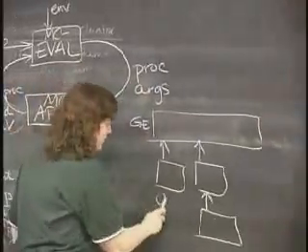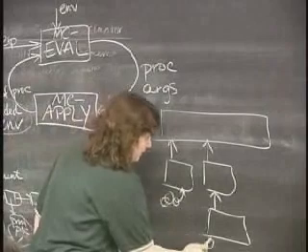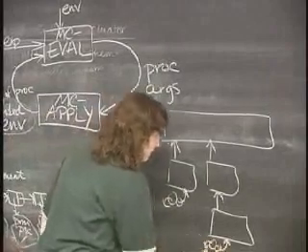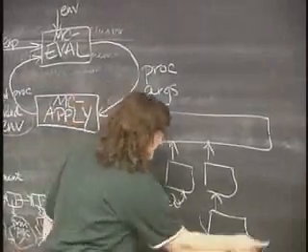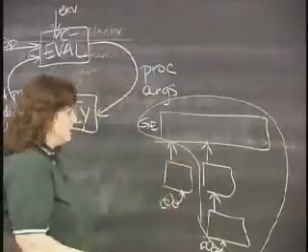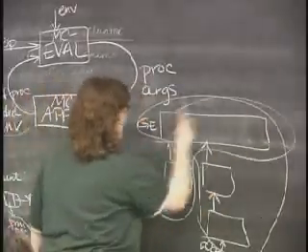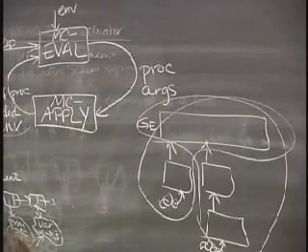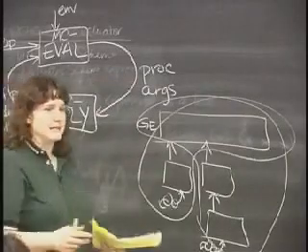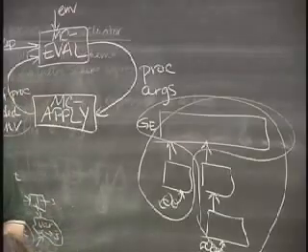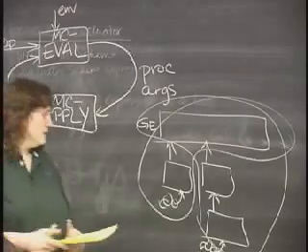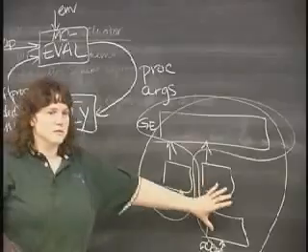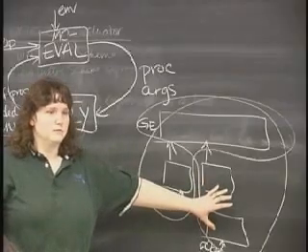So if there were procedure objects here and here, this procedure object would see a list that represented these 3 frames. And this procedure object would only see a list that represented those 2. So it would have its own local list representing its current environments, what it can see. Just like we saw in the diagrams, represented exactly the same way. So when you're over here, you don't see those 2 frames over there.